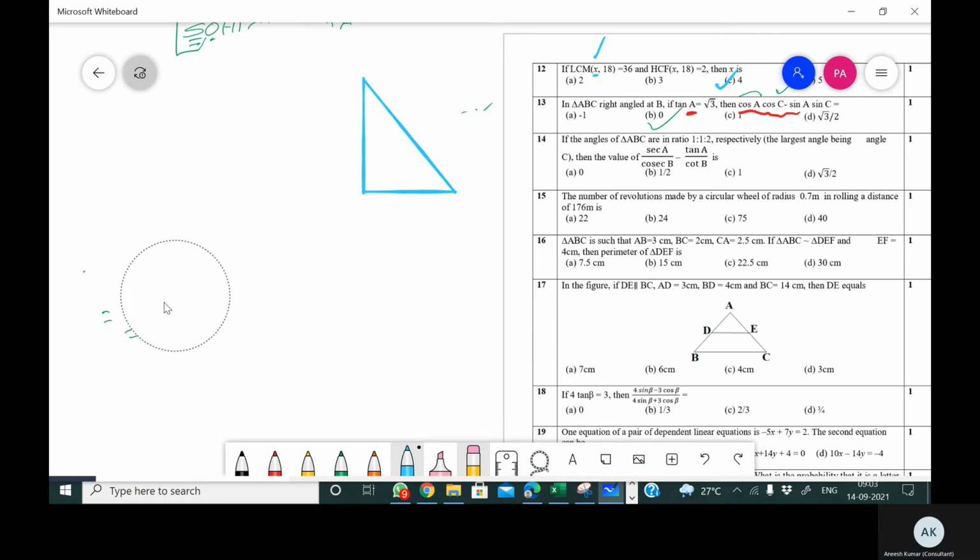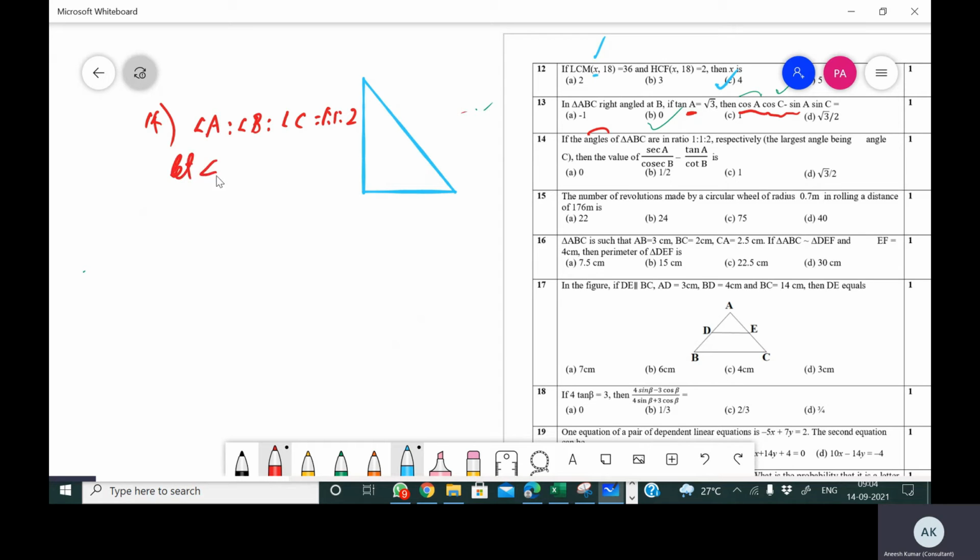Next, question number 14. In question number 14, the triangle ABC has the angles in the ratio 1 is to 1 is to 2, and the largest angle is C. So C is 2.